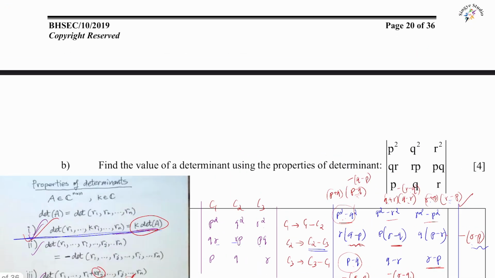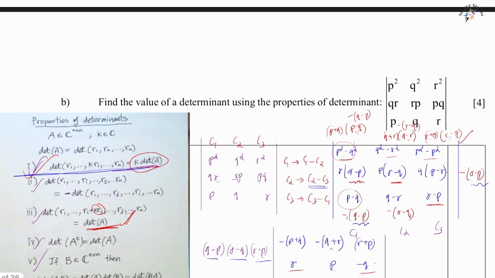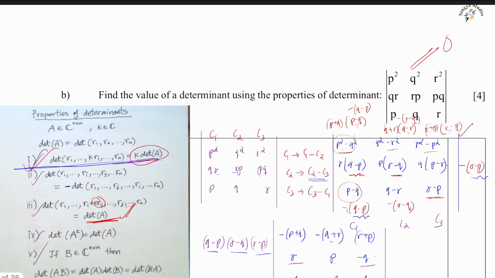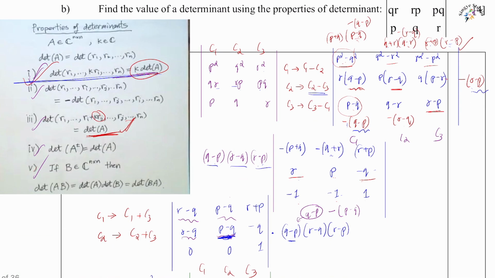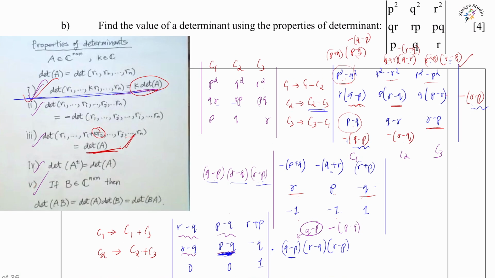Therefore, the determinant value for this is exactly 0. So this is how we have to do, and you have to be very careful while doing the operations, because you have to do it in such a way that it makes sense and follows these rules.